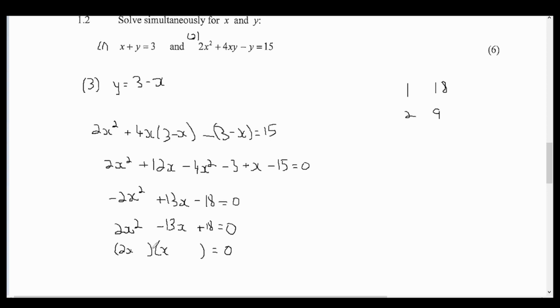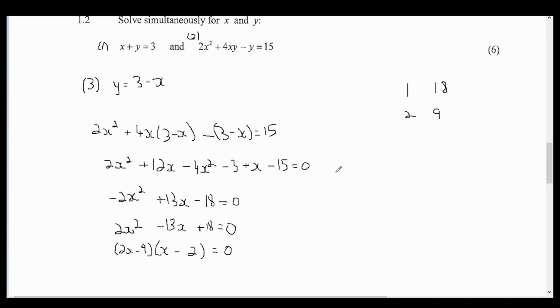So the 2 will be over here, and of course the 9 will be over there. Both of them have to be negative, because we're adding them up together, and negative times negative equals positive, so it'll be minus 9 and minus 2. Of course you should always check your answer by multiplying them out again and seeing if you get the same thing. If you don't, you made a mistake.